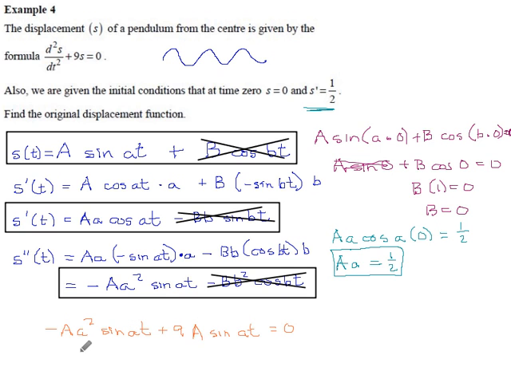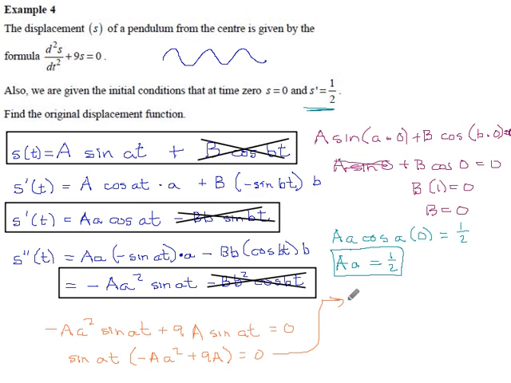If we factor out the sines here, something interesting happens. Take out the sine AT, and we're left with minus big A little a squared plus 9 big A equals 0. So either the sine is 0 all the time, which is impossible, sines bounce around, or this part equals 0, which is intriguing.